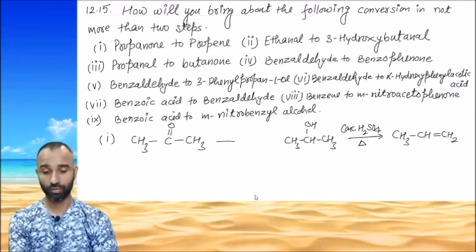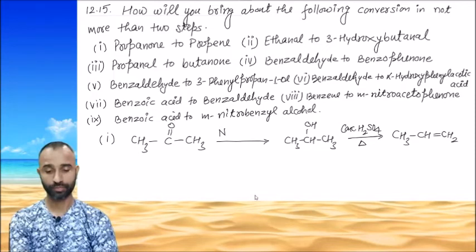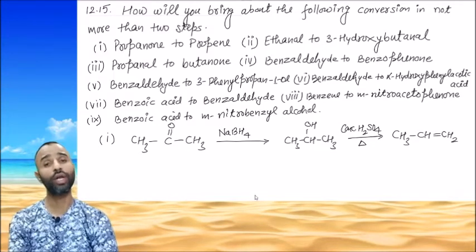And you know, to convert propanone into propane 2-ol, we can use sodium borohydride or lithium aluminum hydride. So that is a very simple question.